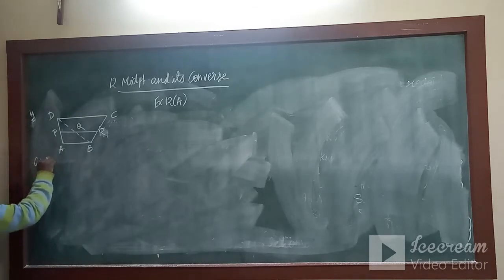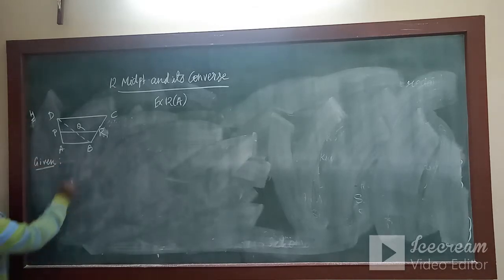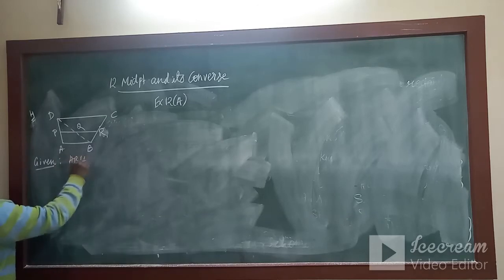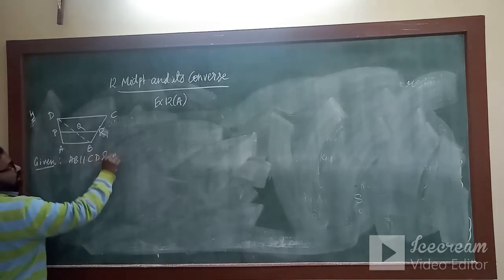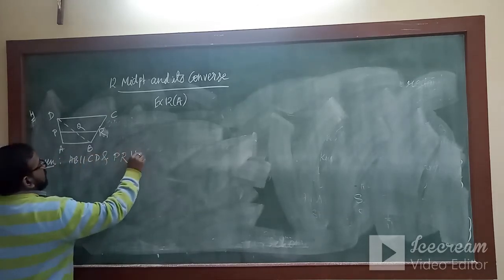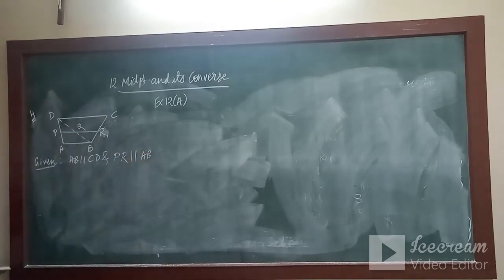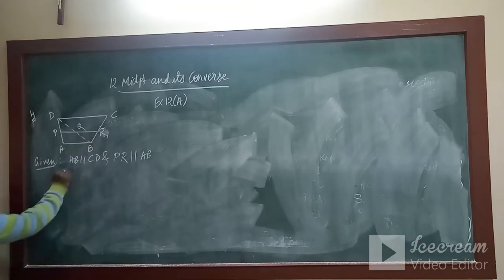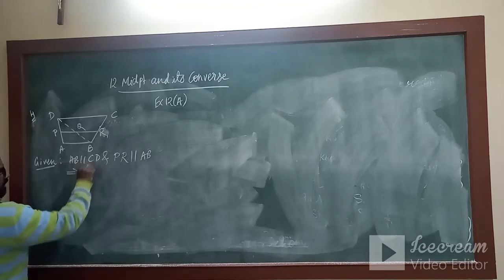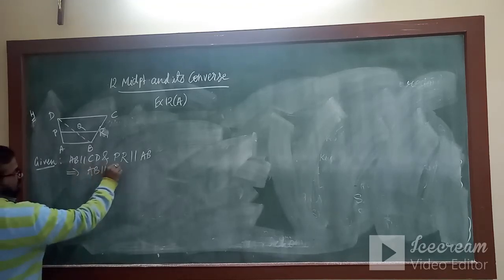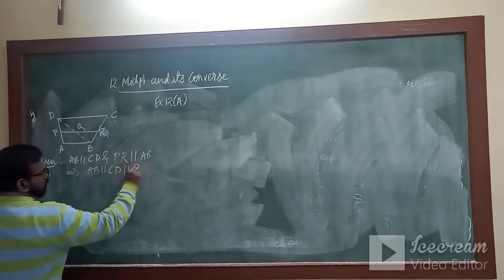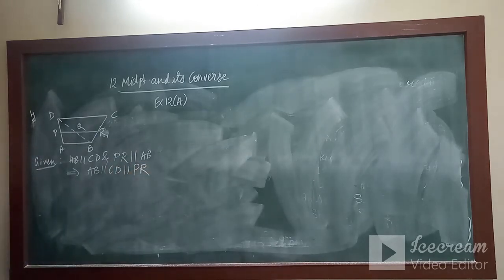So first of all, let's write what is given. Given is AB parallel to CD and PR is parallel to AB. So we can say from these two that all these lines are parallel to each other. And what else is given?